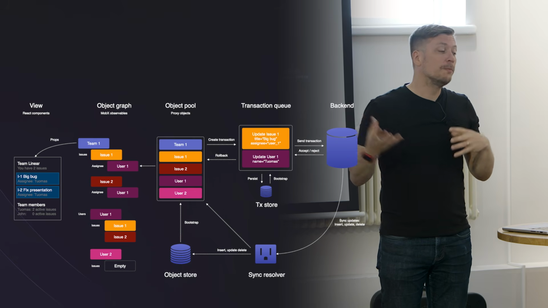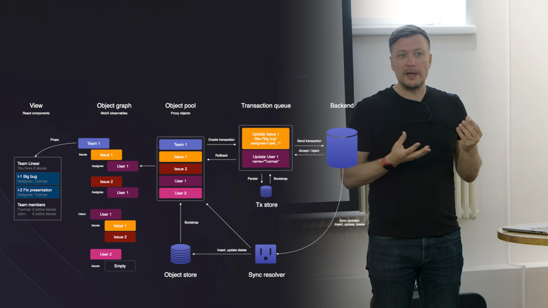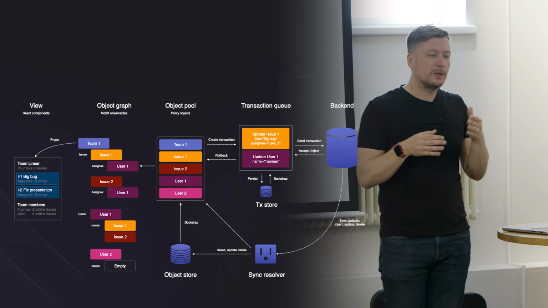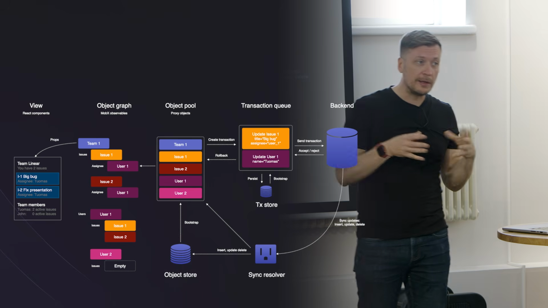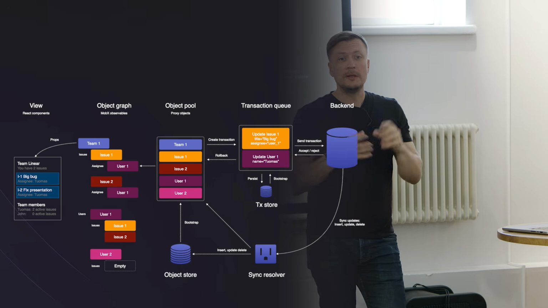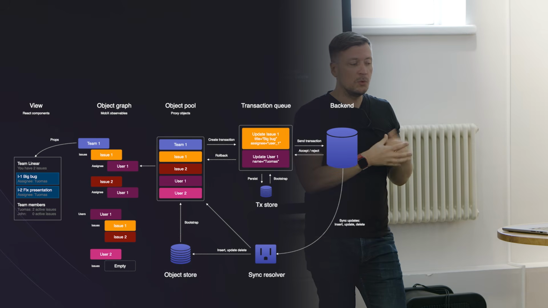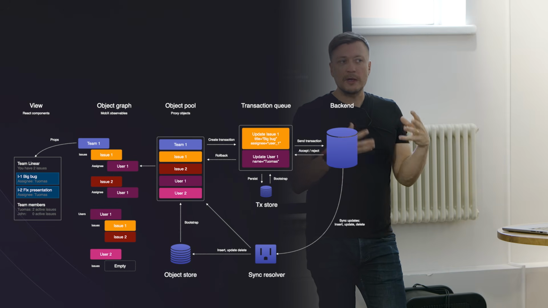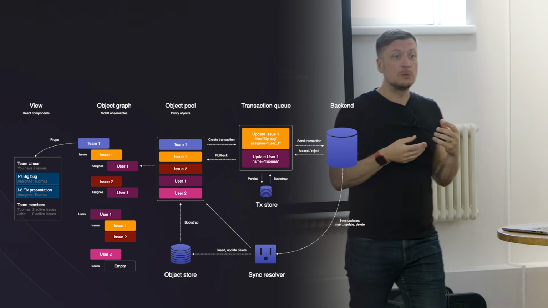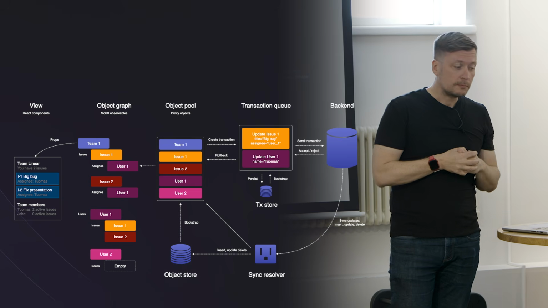And those again are hooked up. So what you end up using as an engineer is not the object pool, but this nice object graph out of it. And we use MobX to tie our interface and our UI to those model objects in that graph. So whenever you access a model object, we make it observable using MobX.